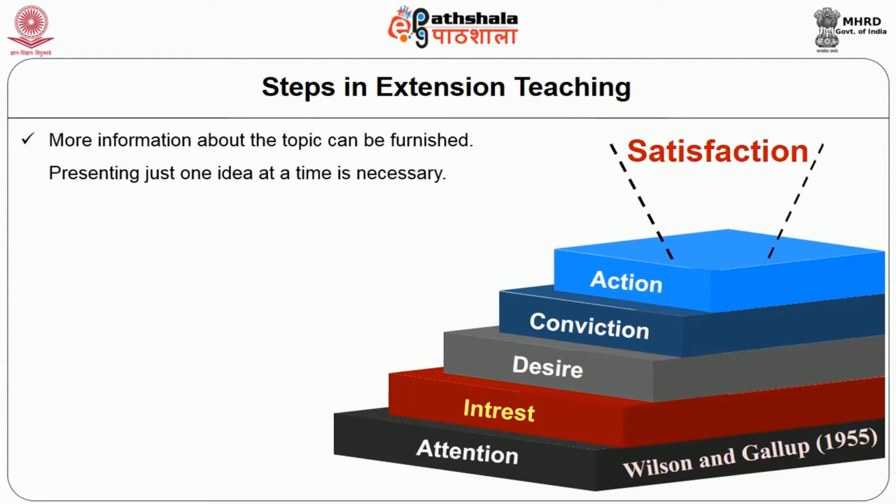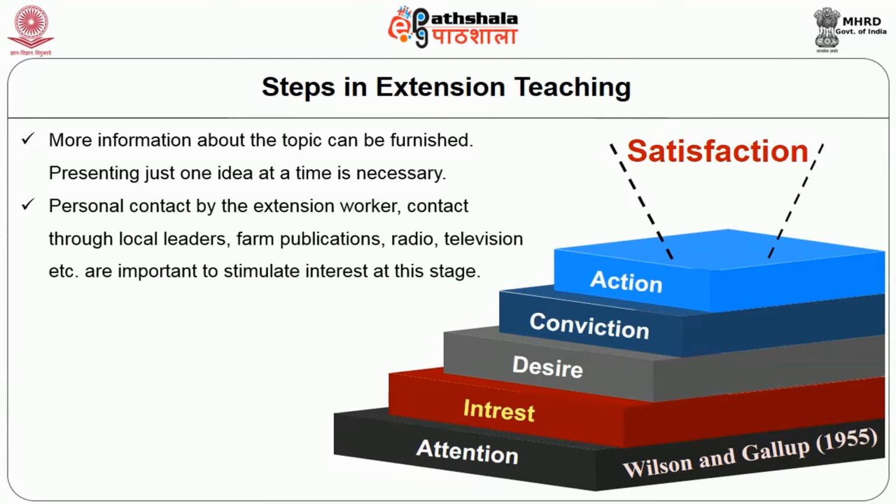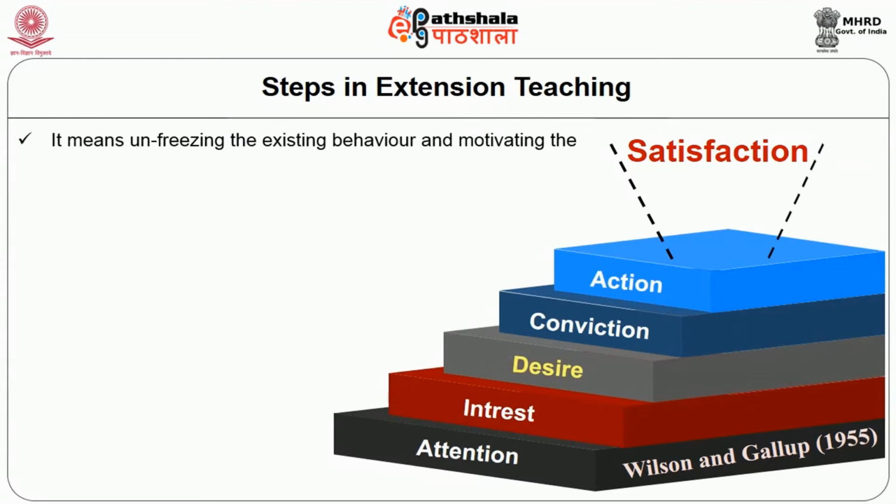In the interest stage, the extension workers should give additional information about the idea or practice. This can be done by personal contact by the extension workers, contact through local leaders, farm publications, radio, television, etc. These are the important media to stimulate interest at this stage.